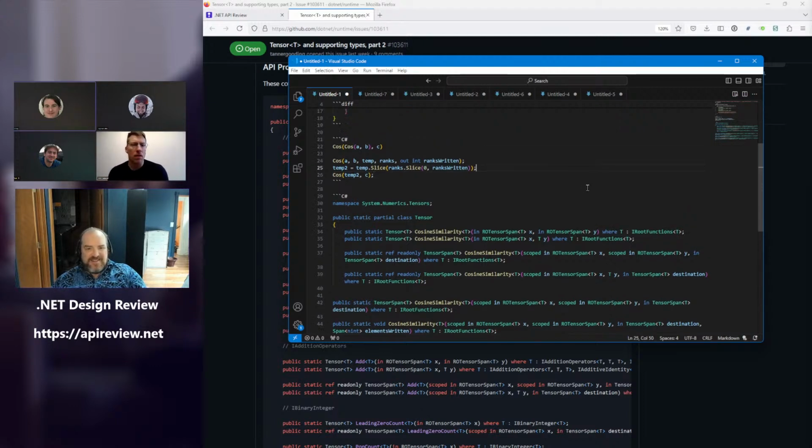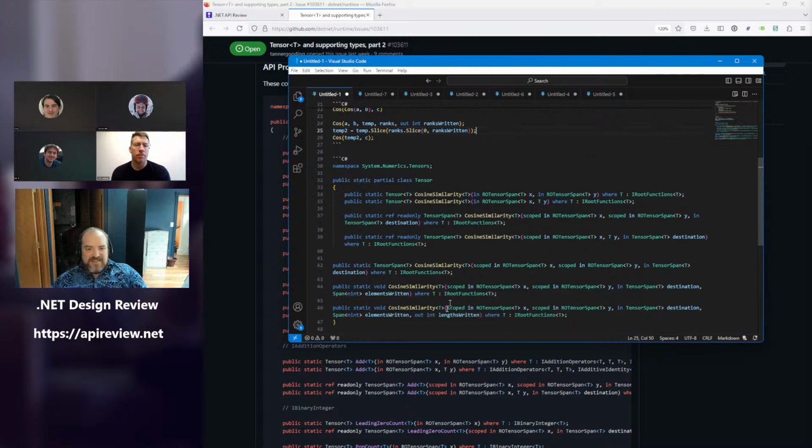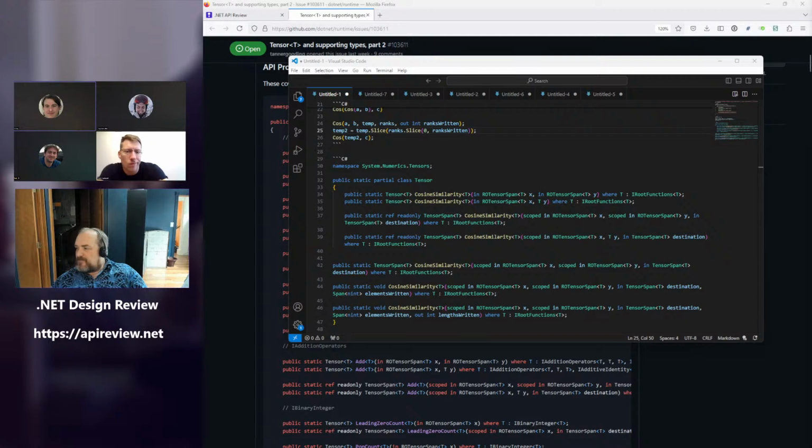No, so the ranks written would be... So the difference between the second and the final one is that the second one just takes the elements written per dimension, and it would require that that span be exactly the same as the destination length, throwing if it didn't.